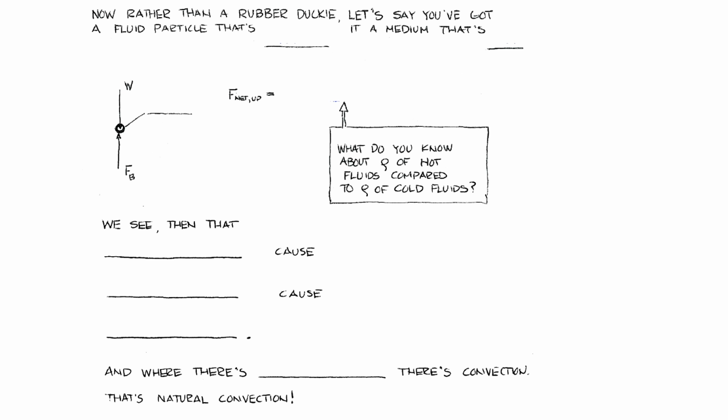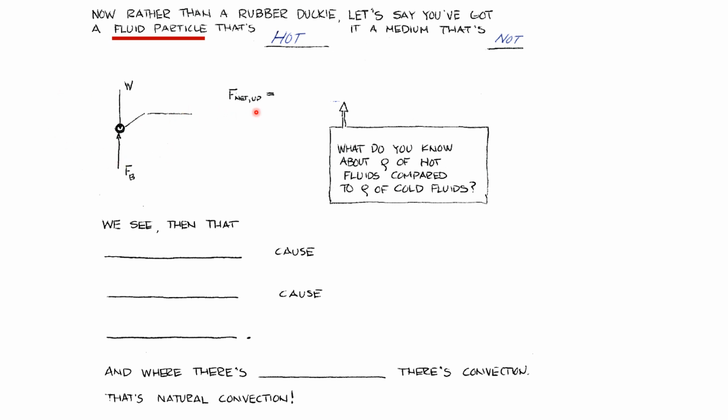Let us now consider, rather than a rubber ducky sitting underneath the surface of the water in a bathtub, that I've got a fluid particle. And it's not sitting inside a bathtub, but rather it is locally at a warm temperature. It's hot, and it's sitting in a fluid that's not. So this is not a rubber duck. This is a fluid particle that locally is at a higher temperature than the surrounding fluid out here.